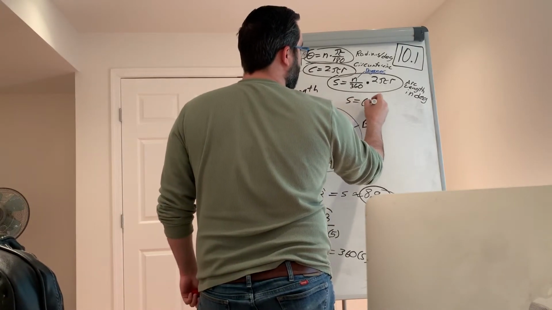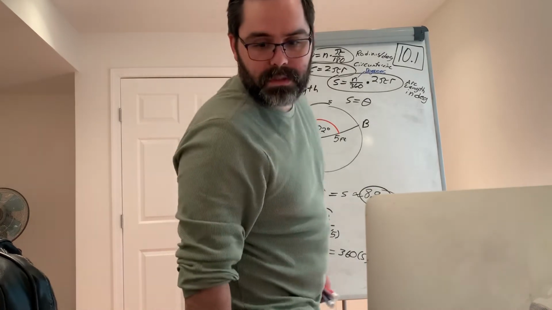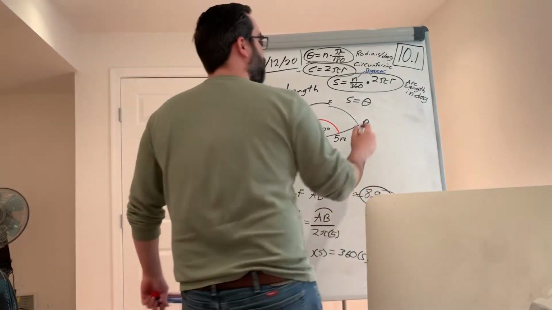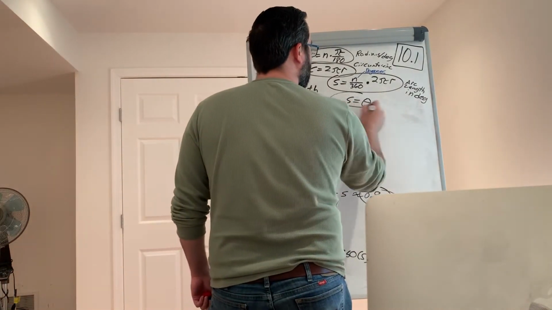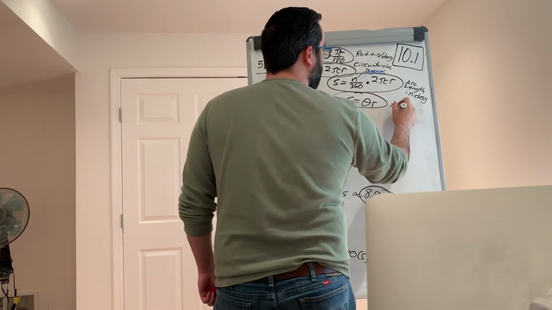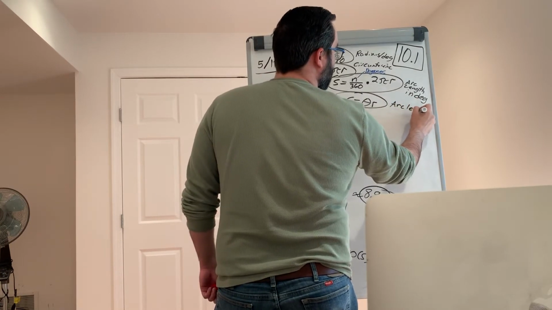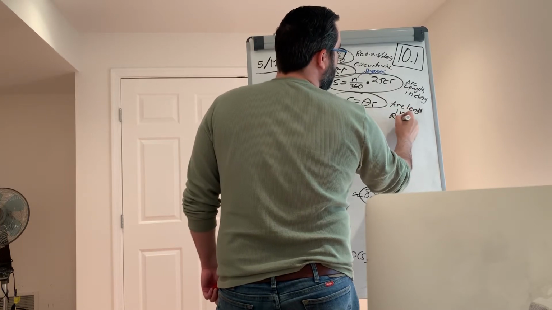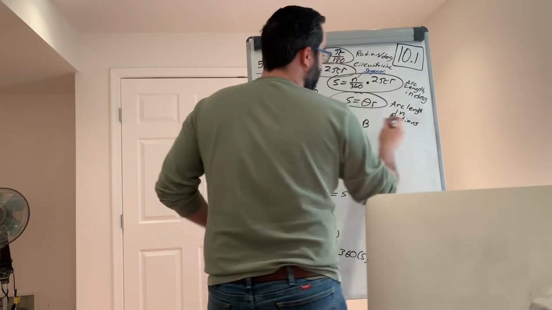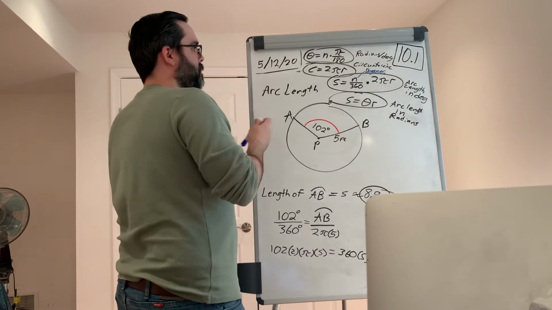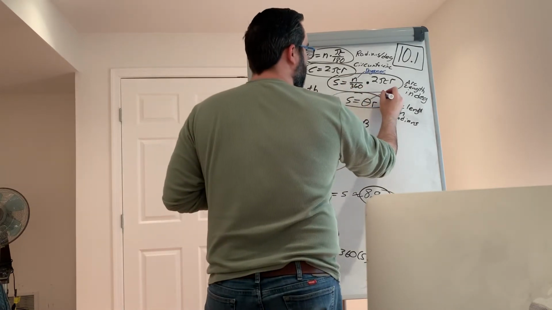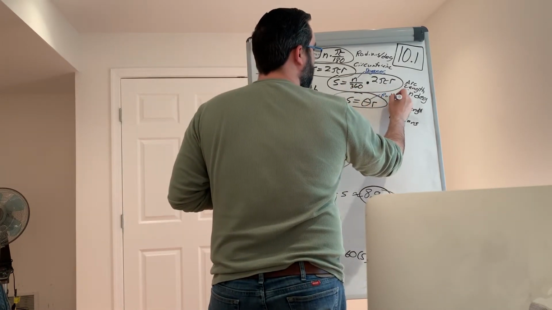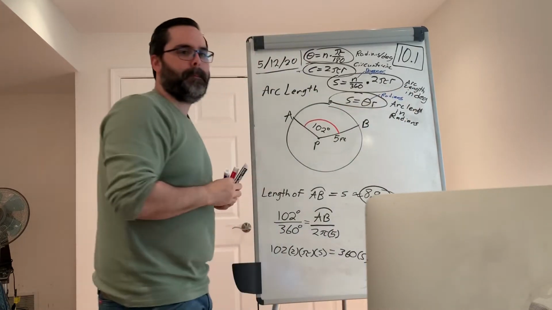S equals theta times R. And this is for arc length in radians. And this theta means radians. Okay.